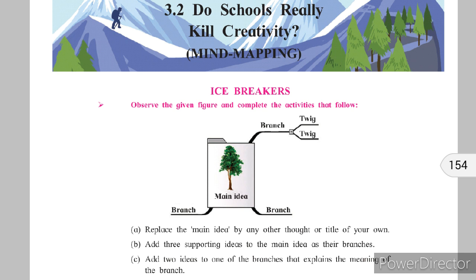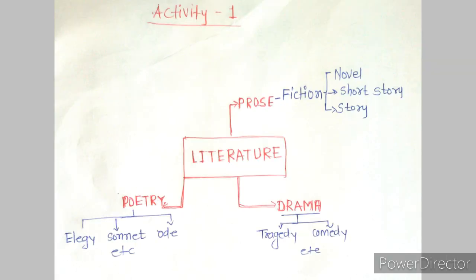So when you talk about the reality, I have taken here, as we have talked about, the main idea, then branches, and again ideas which will clarify the meaning of the branch. Here I have taken literature as the main idea, and the 3 branches I have taken are prose, drama and poetry.